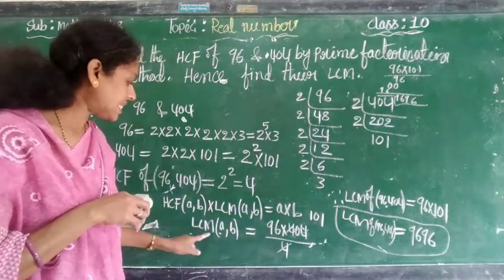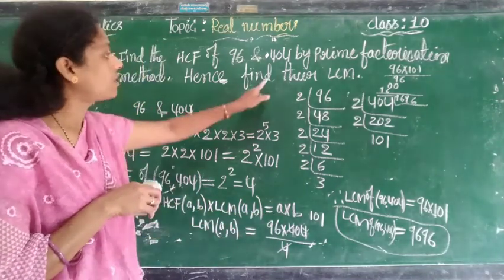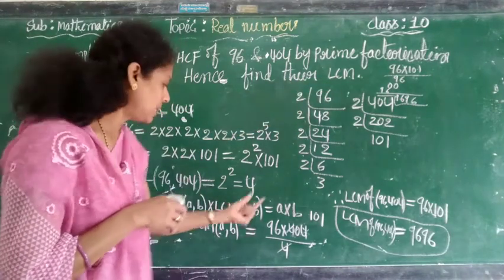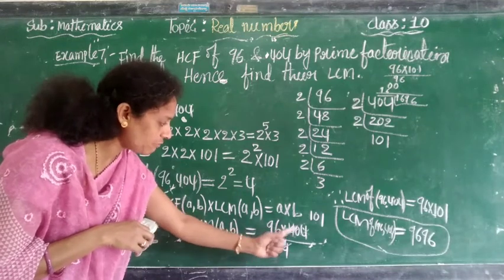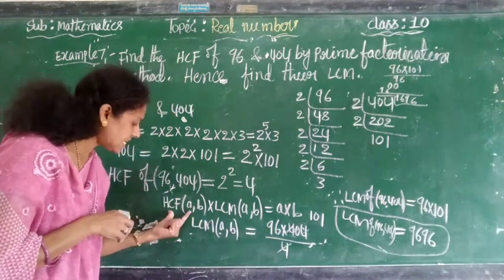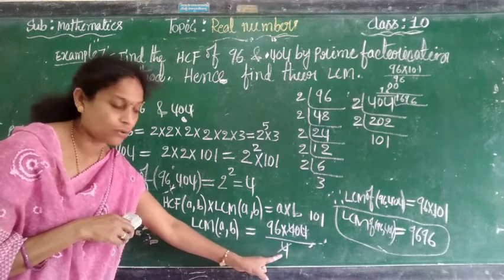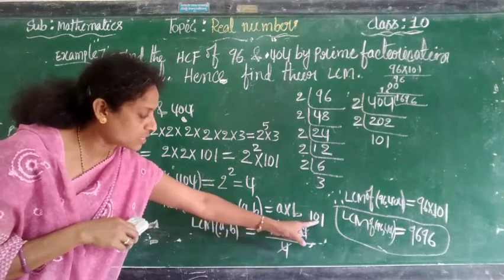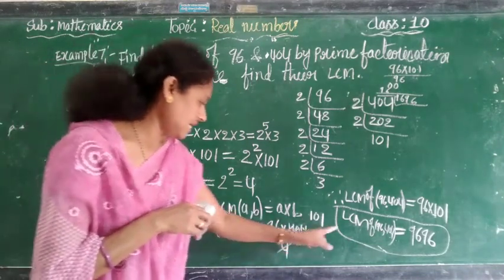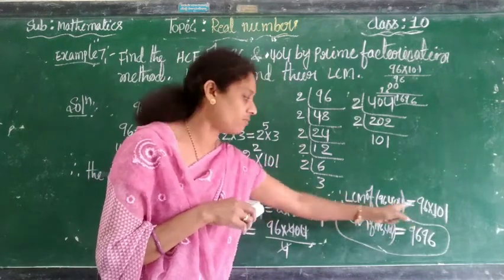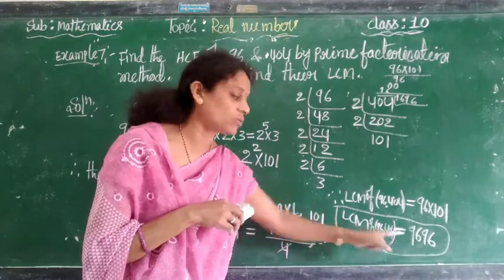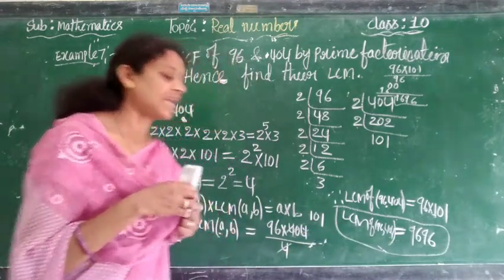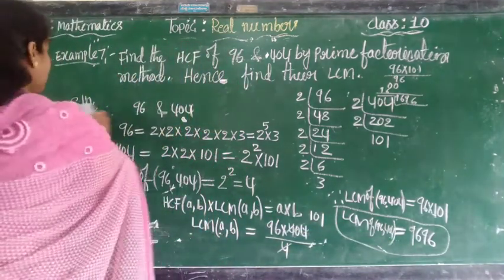So LCM is equal to a into b divided by HCF, 96 into 404 divided by 4, therefore 96 into 101. Therefore, the LCM of 96 and 404 is equal to 9,696.